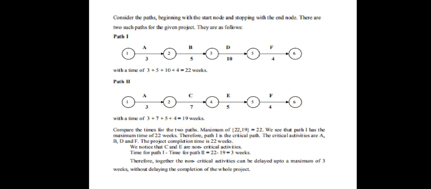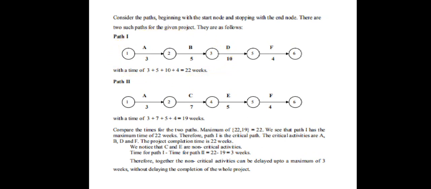After finding the total durations, compare the times for the two paths. The first path has 22 weeks, the second has 19 weeks. Which is the maximum among the two? 22 weeks is the maximum. Therefore this path is the critical path.